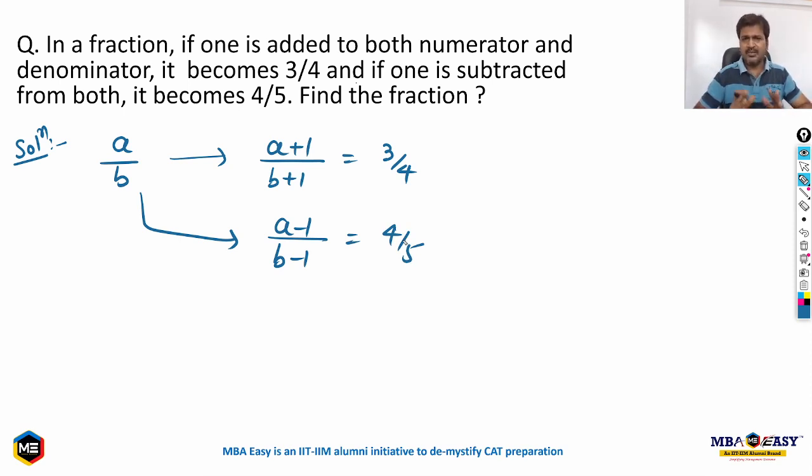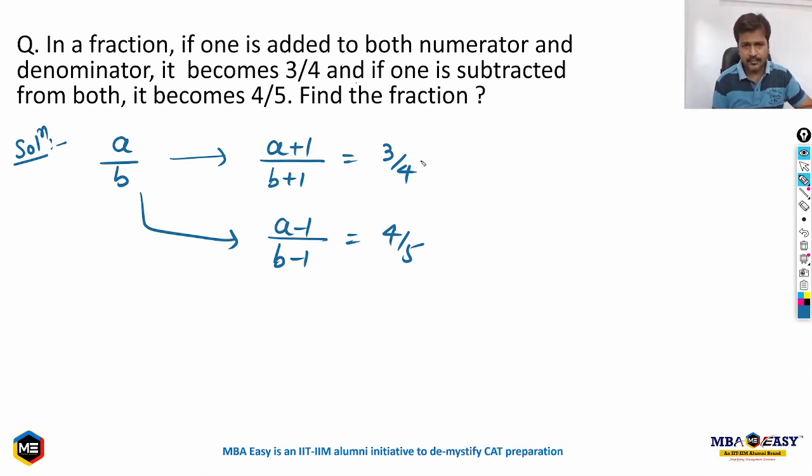Seems a very easy question as far as CAT is concerned, because you have to just form two equations here in a and b, solve that, get the values of a and b, and you'll get your answer also. So seems a very easy one, but let us first solve it, and then we'll discuss where the trick lies.